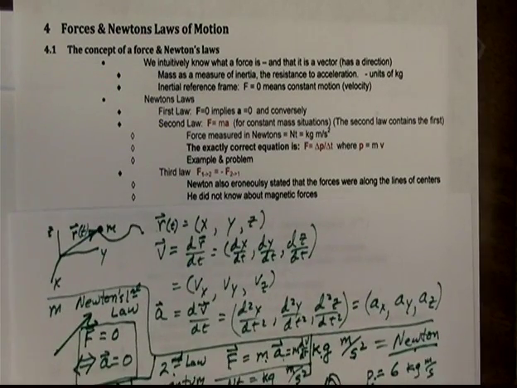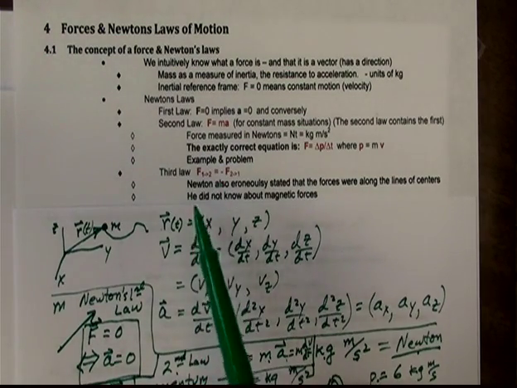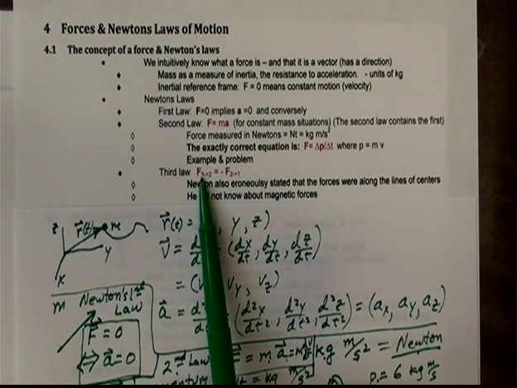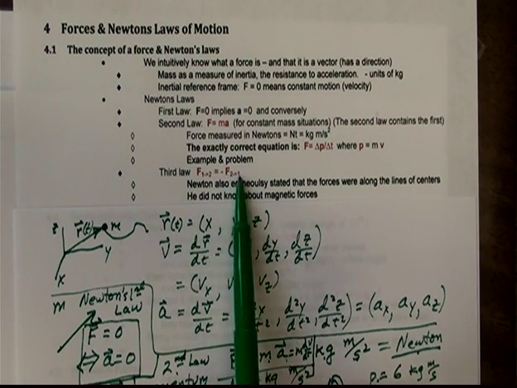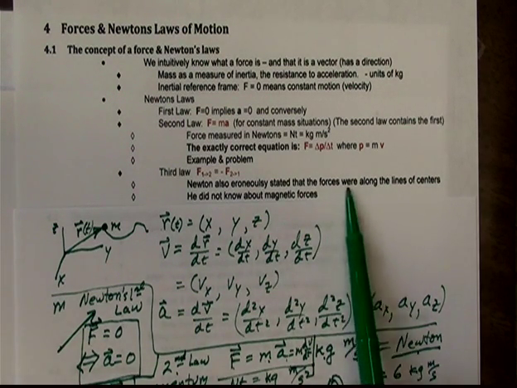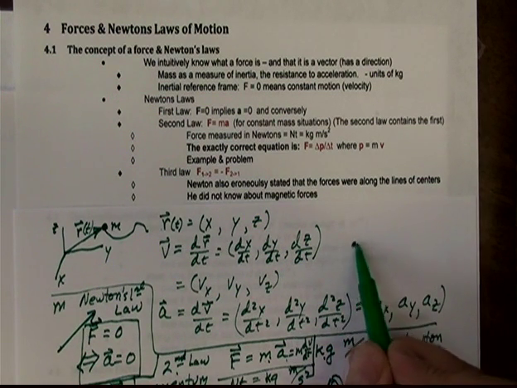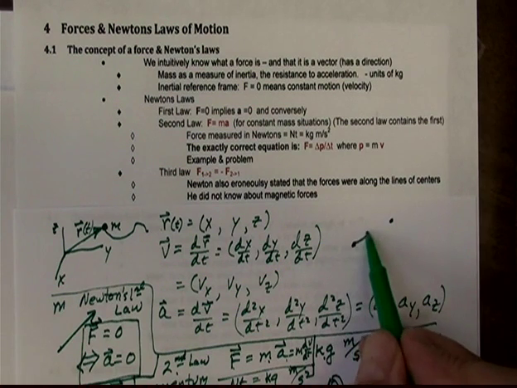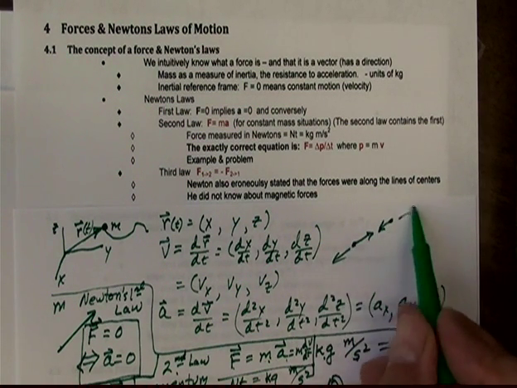Finally, there's one more Newton's law, and it's in a way kind of simple. It says that the force that particle 1 exerts on particle 2 is the negative of the force that particle 2 exerts upon particle 1. Now, originally, Newton erroneously stated that these forces were always along the lines of centers, meaning that if I had 2 particles, the forces were either directly towards each other or directly away from each other.